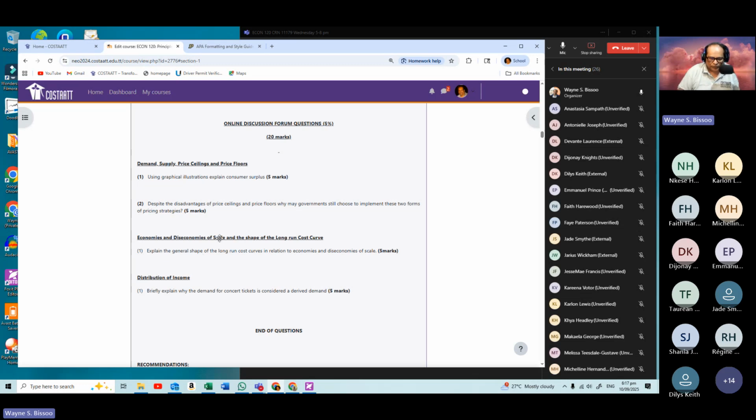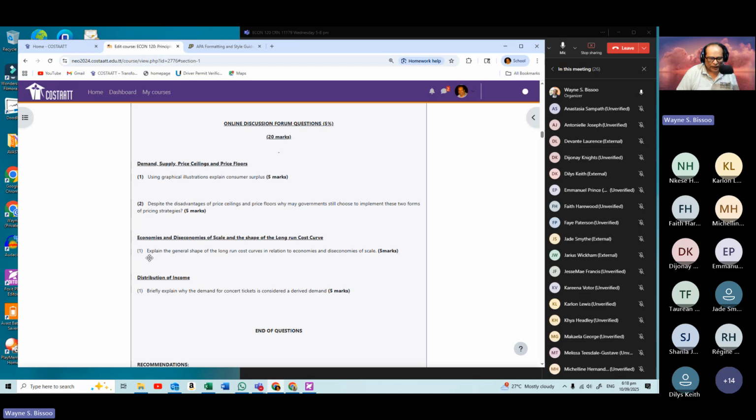Because some of these are asking you to use illustrations and discuss them. Others are just a pure discussion format. Others, you're free to use diagrams along with discussions. You'll see from how the question is asked whether or not you have to use illustrations or diagrams, or in some instances you can use one if you want. So for example, this first question here, using graphical illustrations to explain consumer surplus, you have to use a diagram here.